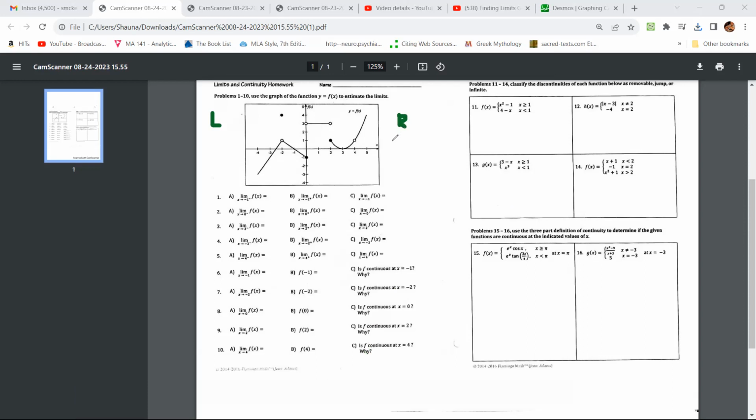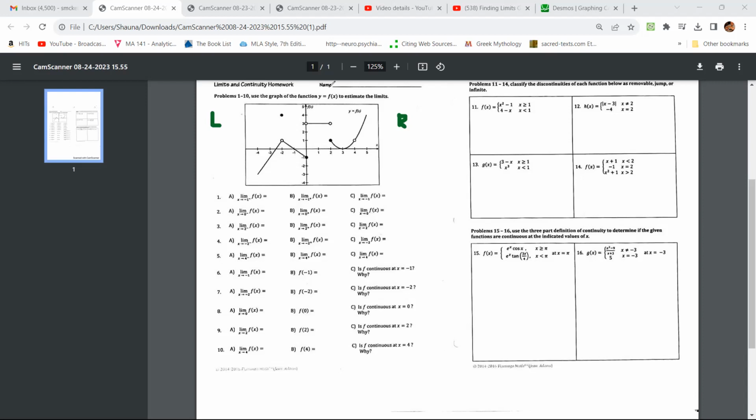That's not what this is about. This is about helping you not to have to think about that when you're doing it. So number 1A says, find the limit as x approaches -1, and it has a little mark after it. The mark after it tells you which side you're approaching from. -1 from the left.